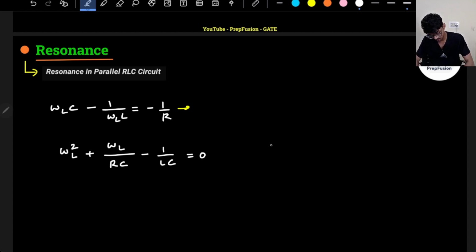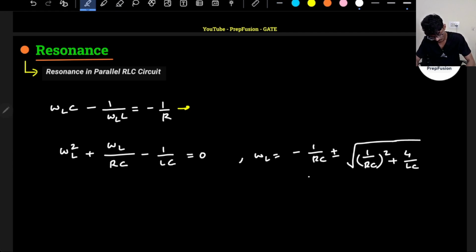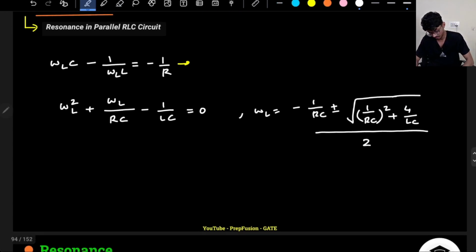So again this omega l will be minus of b, 1 by RC, plus minus root of b square, 1 by RC whole square minus 4ac, this will be plus 4 by LC, divided by 2a.